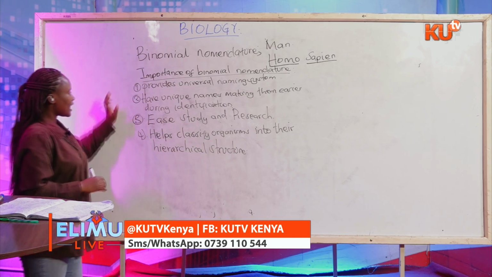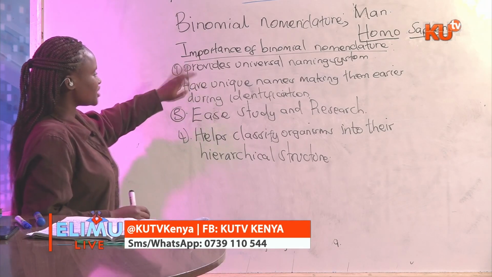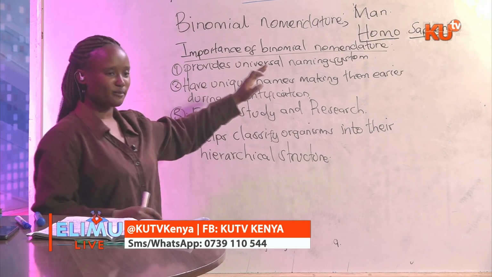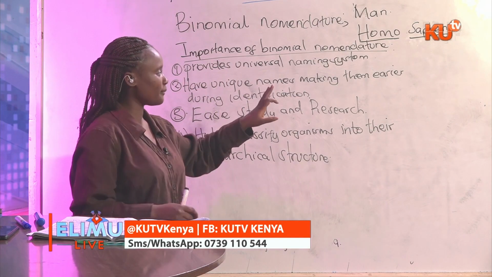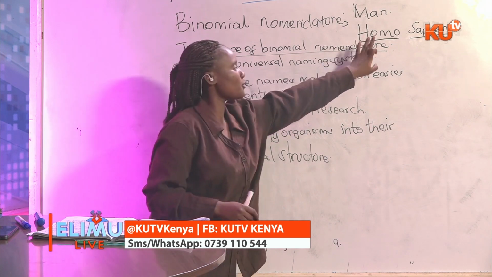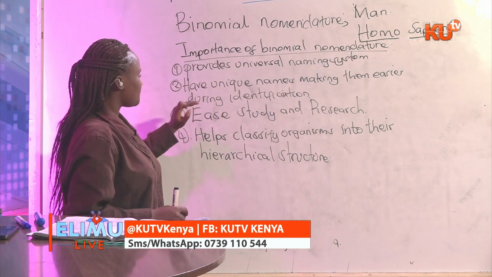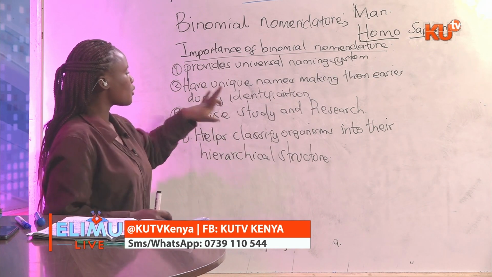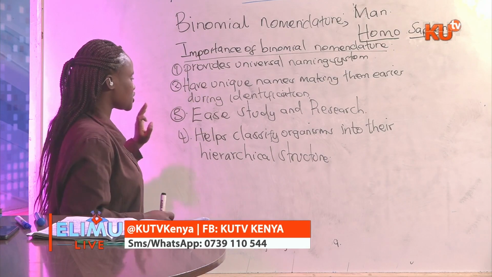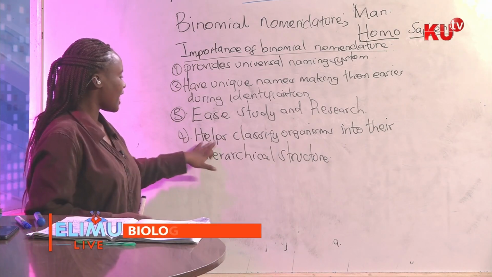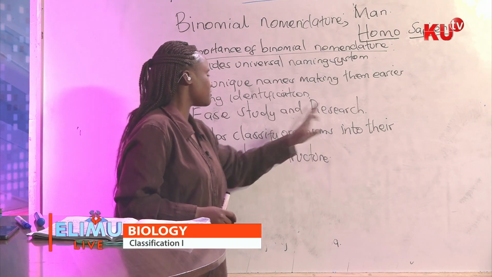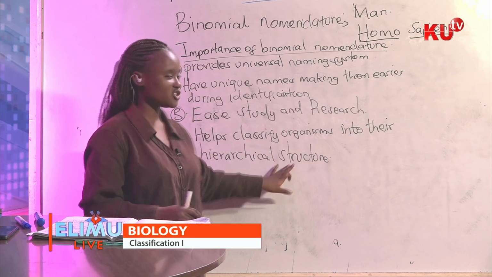So the binomial nomenclature provides a universal naming system for the scientists. It has unique names. For example, we have the Homo sapien that helps them and makes work easier during identification. And then it helps study and research, and then helps classify organisms into their hierarchical structure.